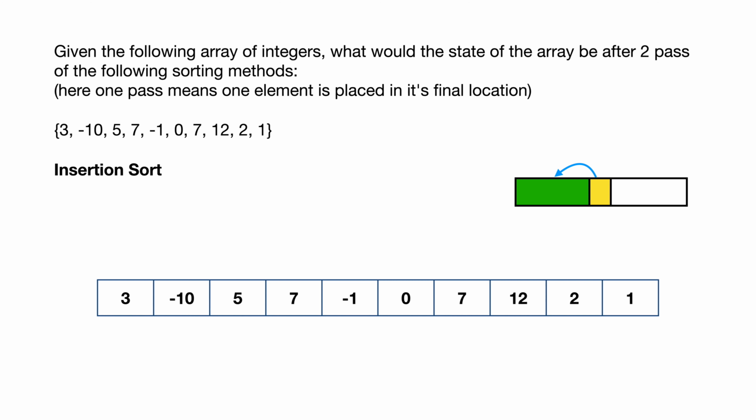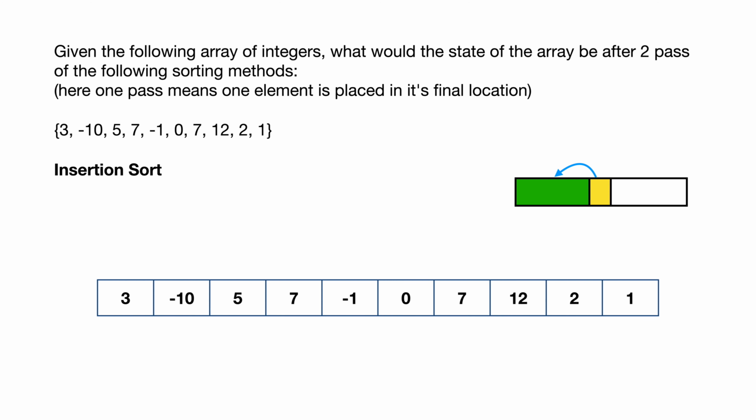It said, given the following array of integers, what would the state of the array be after 2 passes of sorting using the following sorting methods? Here I'm saying 1 pass means that 1 element is placed into the right location. Here I say final location, but really I mean a correct location.